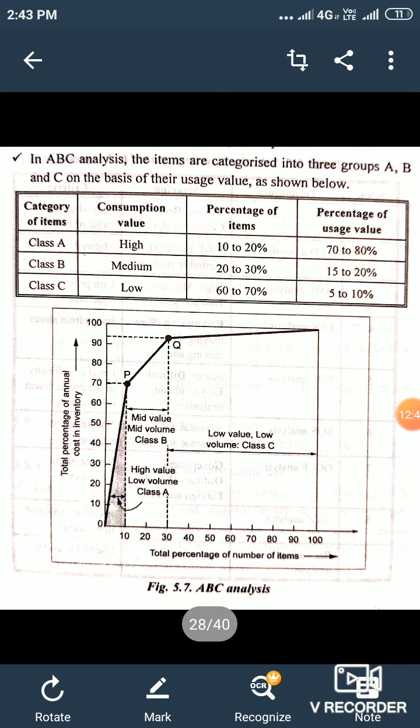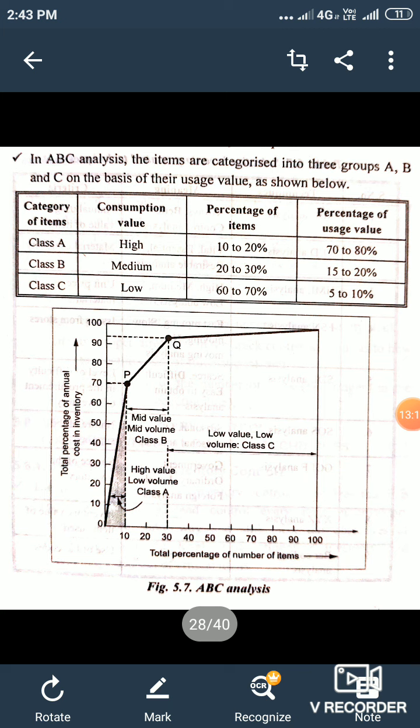The graph contains P and Q areas, where the 2 points P and Q, where the curve changes its shape, provides 3 segments A, B, C. So at the point P, we note y-axis 0.70 and x-axis 0.10.